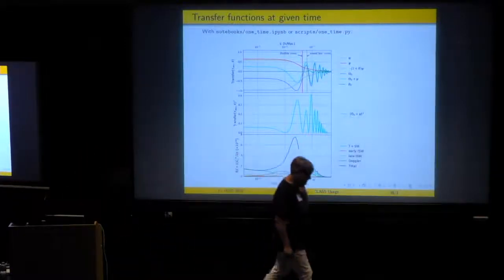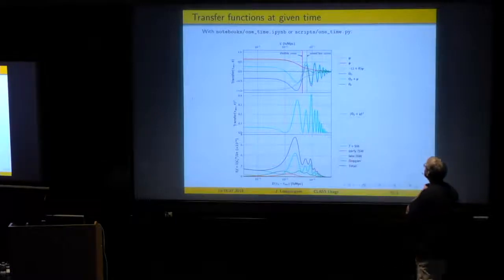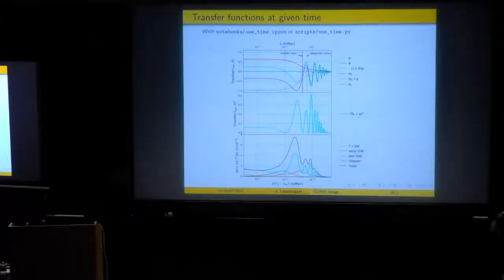You now have the script to produce this plot. It's called onetime.py. This is typically the kind of plot you would do when you want to explain, for instance, CMB physics. But you could have a version of this to explain large-scale structure formation.